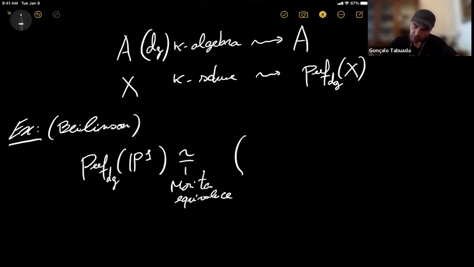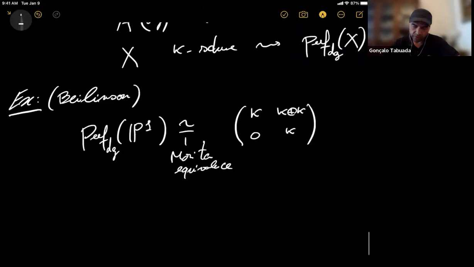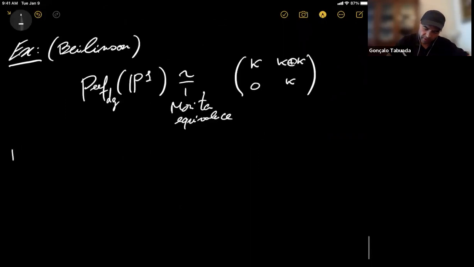It's actually isomorphic to the algebra of matrices of this form. So you see, in this world of non-commutative geometry, the projective line becomes affine, becomes given by an algebra, but a non-commutative one. This is the phenomenon occurring in this world where algebra and geometry become interconnected. And for today, I'm going to use this notion, which was introduced by Orlov.